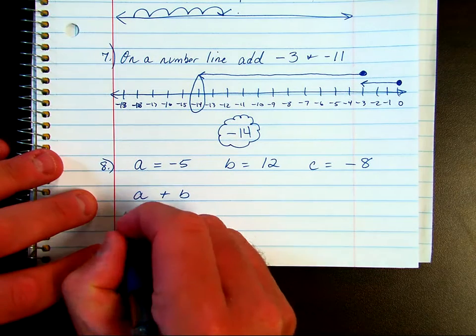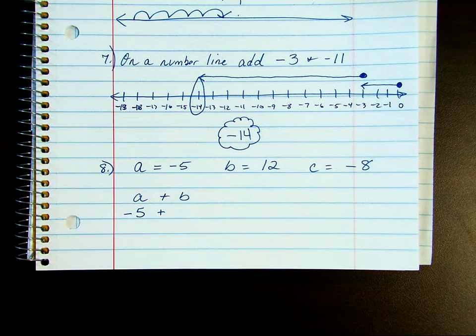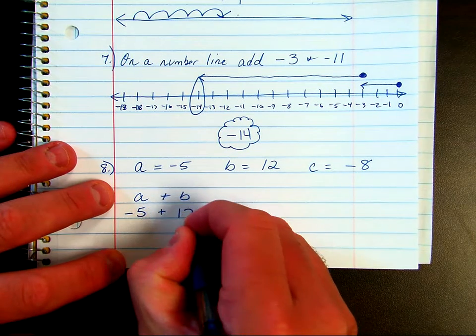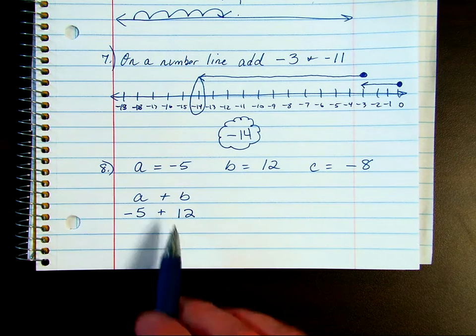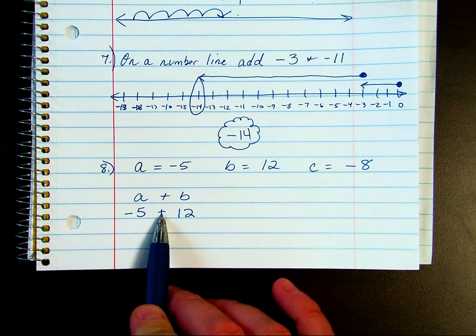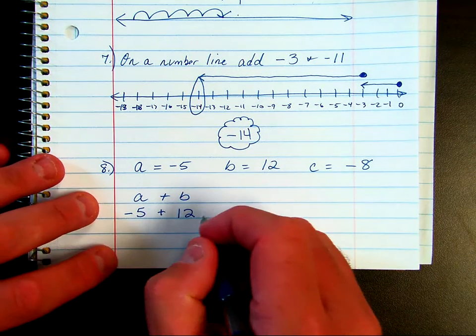What's the value of B? So now we have -5 plus 12. This is an addition problem. Are we going to add these numbers together, Zoe? No. Why not? Correct.